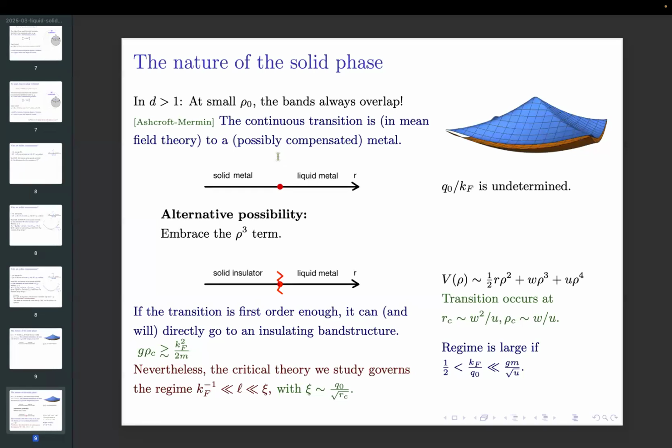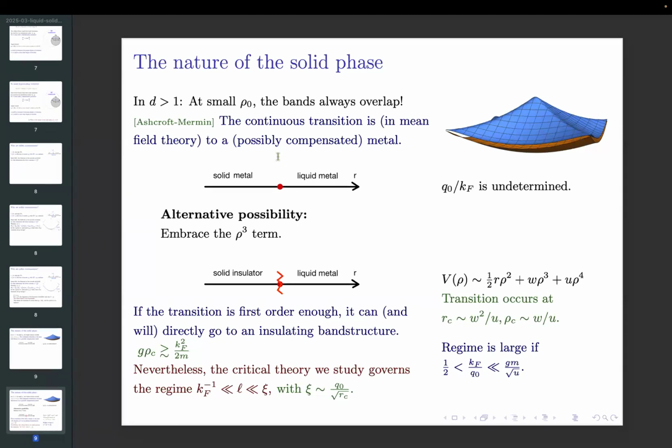Yeah, very good question. If you go into a band insulator, you lose Landau damping immediately. That's correct. Well, okay, that's why I draw this wiggly red line, right? Because my statement is that this can only happen if the transition is at least somewhat first order.